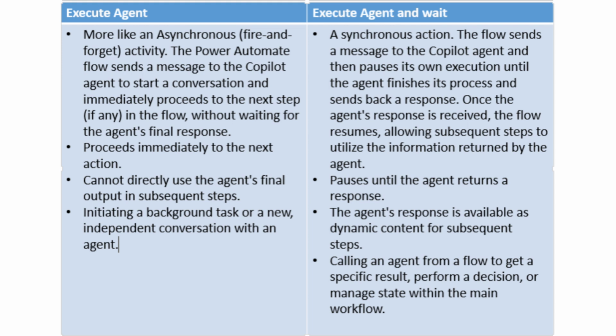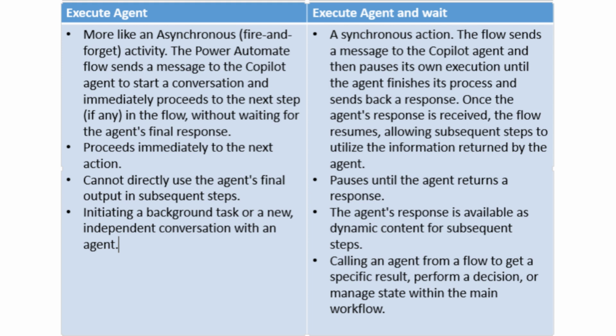Whereas execute agent and wait is a synchronous action. The flow sends a message to the Copilot agent, then pauses its own execution until the agent comes back with its response. Once the agent's response is received, the flow resumes, allowing the subsequent steps to utilize the information returned by the agent.